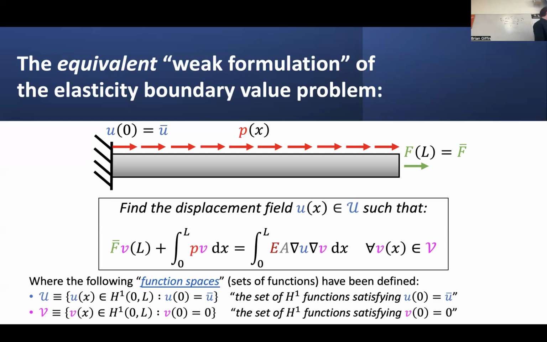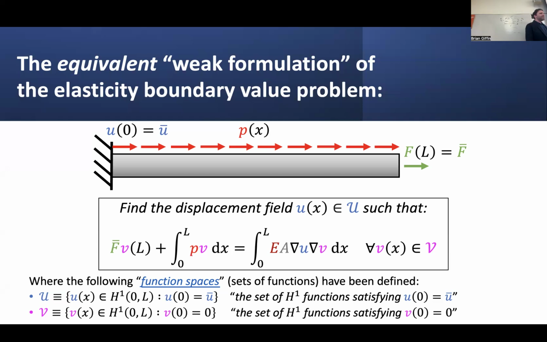Both of them consist of functions that themselves must be, at a minimum, continuous functions. So they have to belong to C0, the set of all possible continuous functions, at a minimum. This set of functions also requires that the solution for the displacement field has to also satisfy whatever displacement boundary conditions I've imposed on that displacement field.